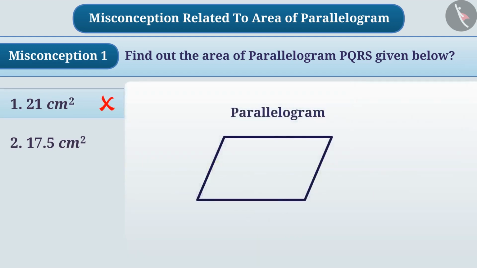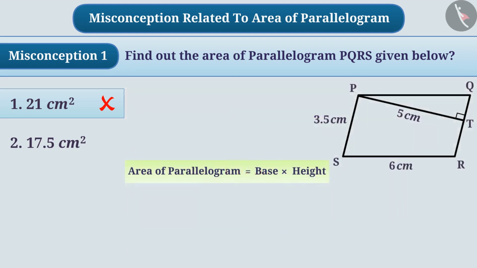Remember that any side of a parallelogram can be its base, and the perpendicular drawn on the base is the height of the parallelogram. In this parallelogram, we can see that the perpendicular is drawn on side QR. Therefore, QR can be taken as base and PT as height.